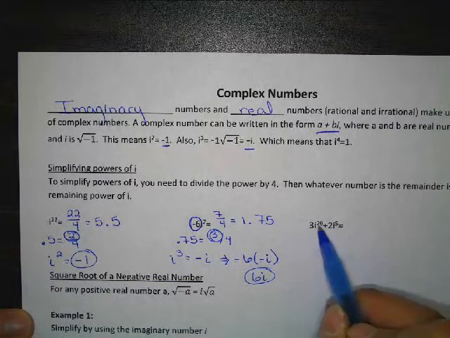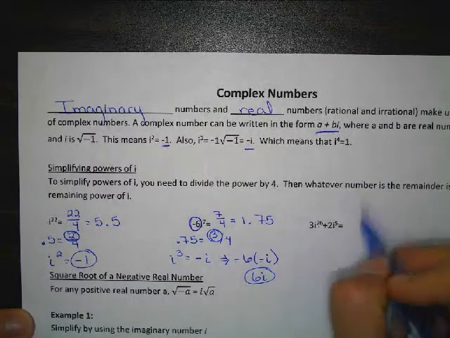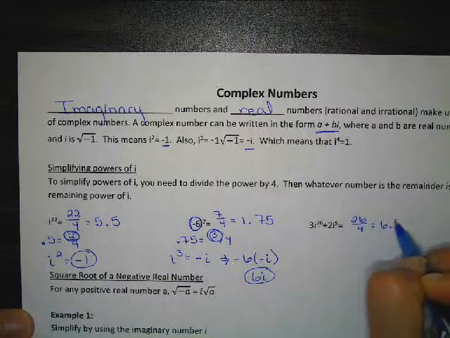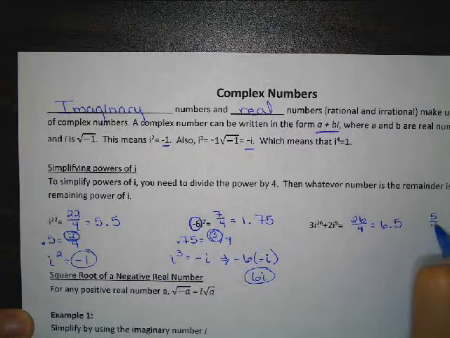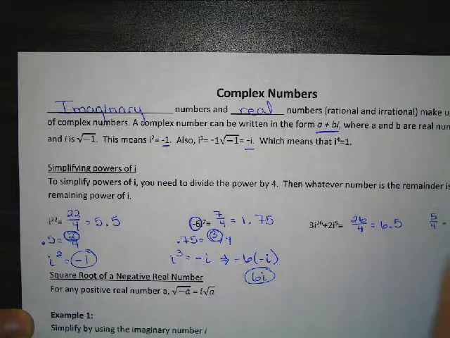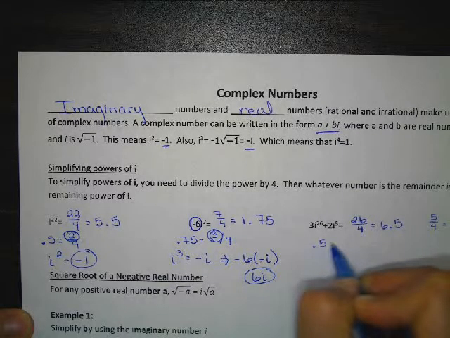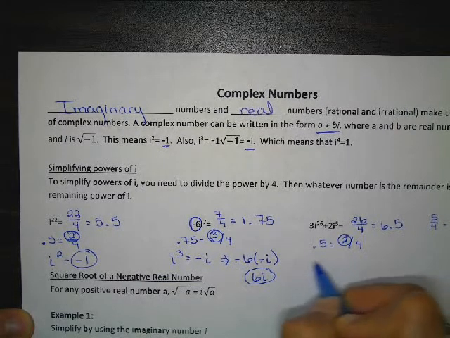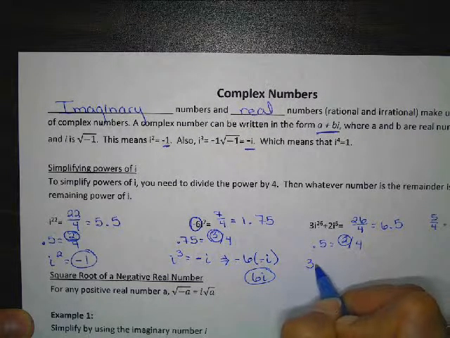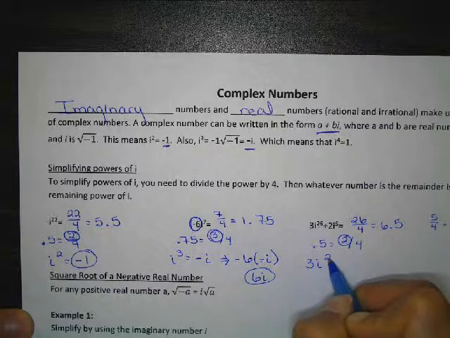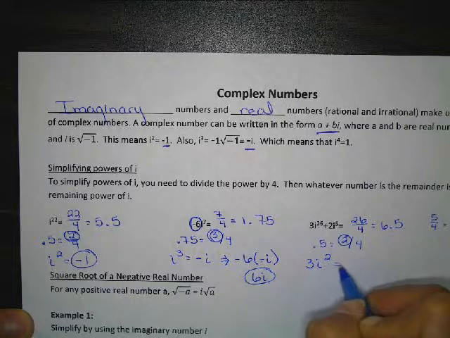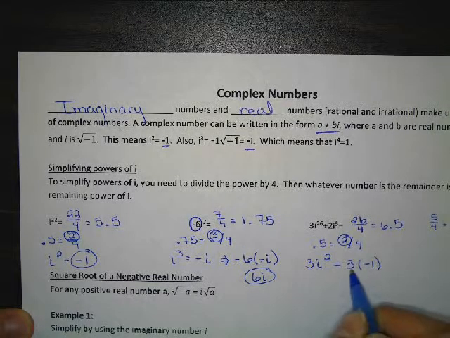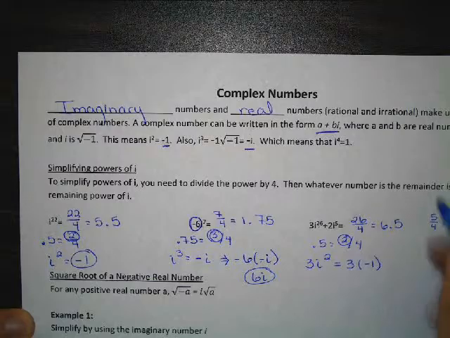Last one, we have two parts, 3i to the 26th and 2i to the 5th. So we'll take 26 divided by 4, which is 6.5, and then 5/4, which is 1.25. 0.5 equals 2/4. 2 is the remainder here, so we have the 3 out front still, i to the 2nd. i to the 2nd is equal to -1, so we really have 3 times -1 there.